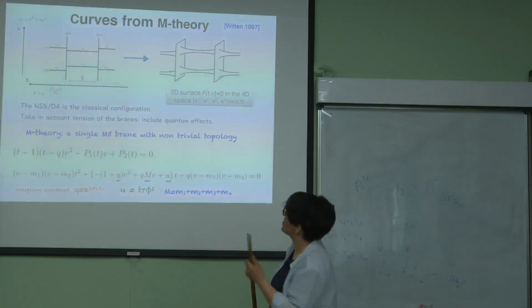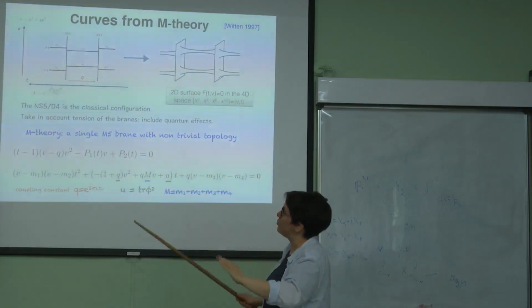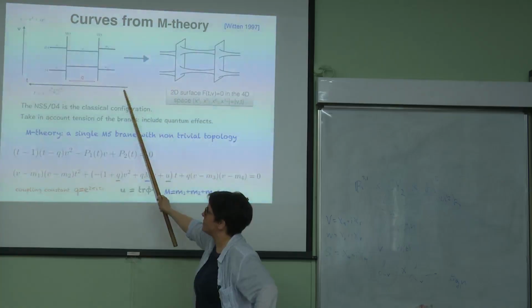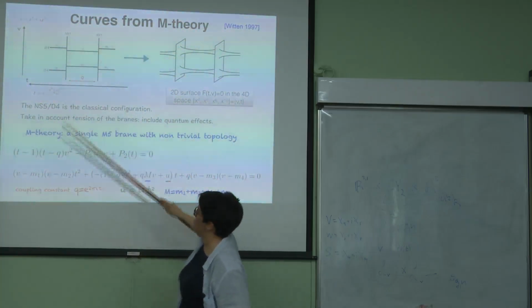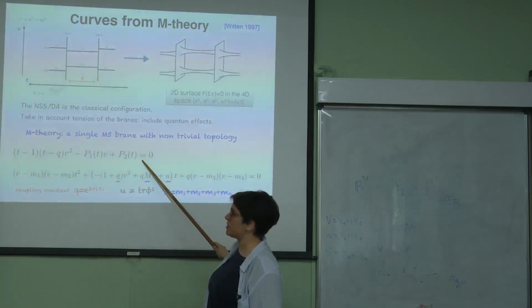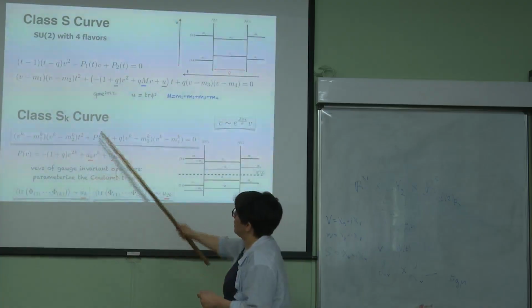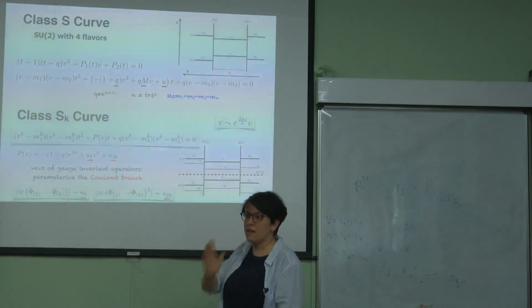Now, good, so by now we are experts, right? We explained it very well, how to get curves from this nice picture. So I am not going to repeat it, we just make sure that the curve goes to 0 when we write it as a polynomial in T and in V. So now to get the class S K curves, you do exactly the same.